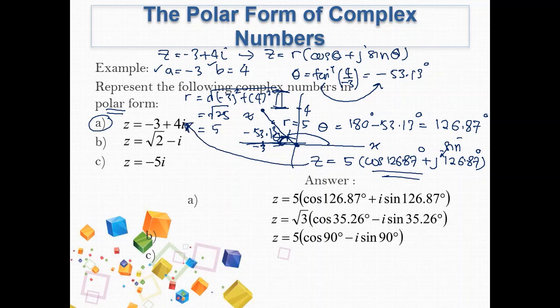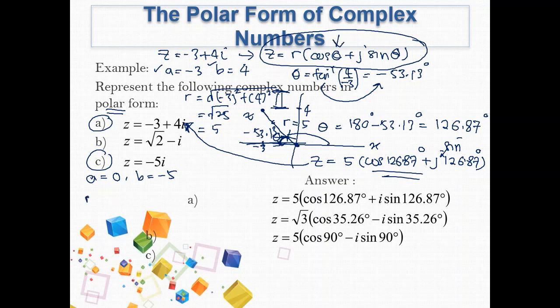Next, let us look at C. Same thing here. A is 0, b is negative 5, because we only have the imaginary part, remember? To express in polar form, we need r and we need theta.